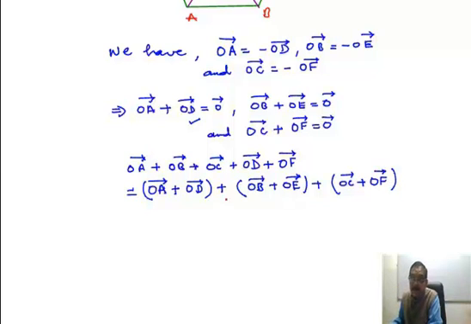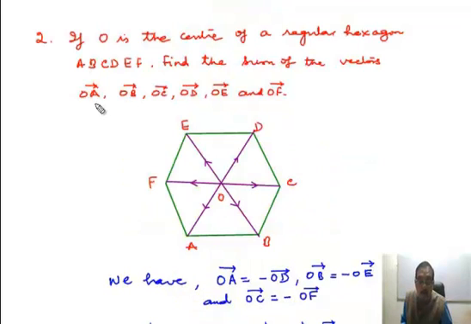These will be the pairs such that OA and OD sum to 0, OB and OE vectors sum to 0, and OC vector plus OF vector sum to 0. So this becomes 0 vector plus 0 vector plus 0 vector, which is equal to 0 vector. And hence the required sum of OA vector plus OB vector plus OC vector plus OD vector plus OE vector plus OF vector is 0.